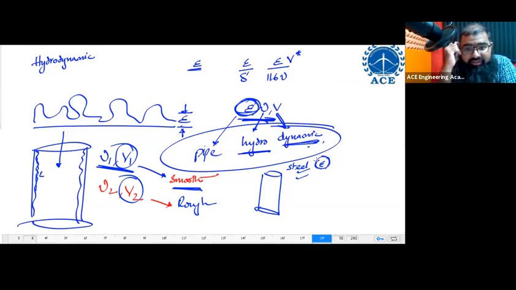But the problem is that finding out this surface roughness is a very difficult task. It is as good as an impossible task. Why? You are measuring the average height inside the pipe, and these average heights are in microns. They are not varying only with respect to the length of the pipe, they are also varying with respect to the circumference of the pipe. Now see how many variables have come in here.